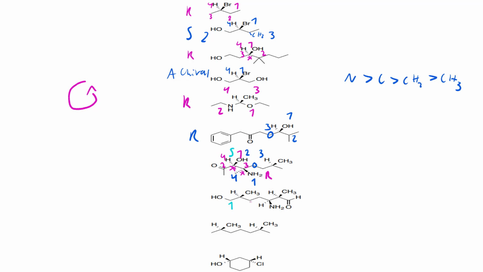And now we have a CH2 versus a CH3. I'm going to go with the CH2, so this is 2. That's 3. And that's 4, right? And we go like this from 6 to 12. That's an S. You see, it's a counterclockwise position. So that's an S center. We're going to say that this is S, and we're going to do it in red.